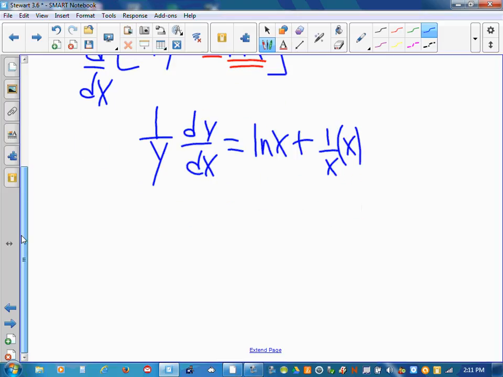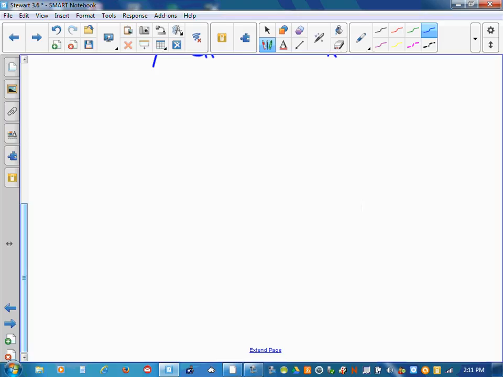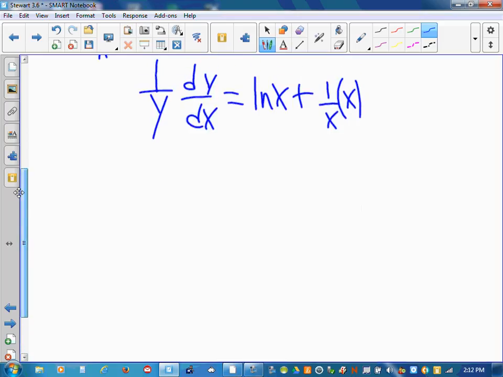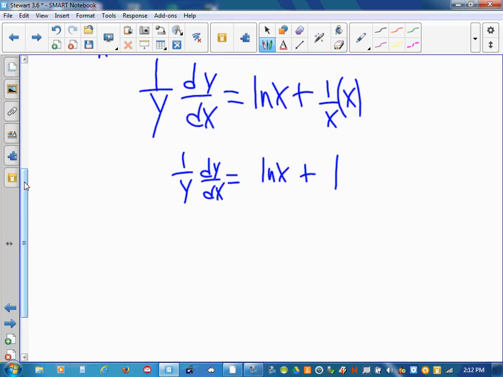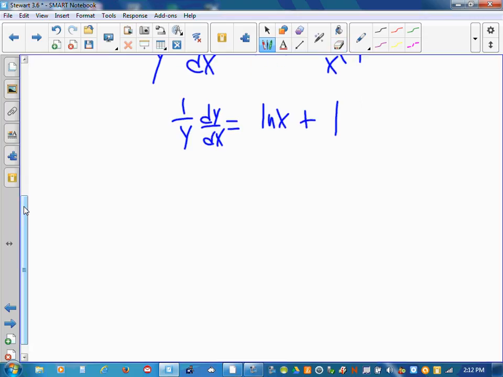Now we do a little simplifying here. So we get 1 over y dy/dx is equal to natural log x plus 1. Now I need to solve for dy/dx. I'm going to multiply the y over.